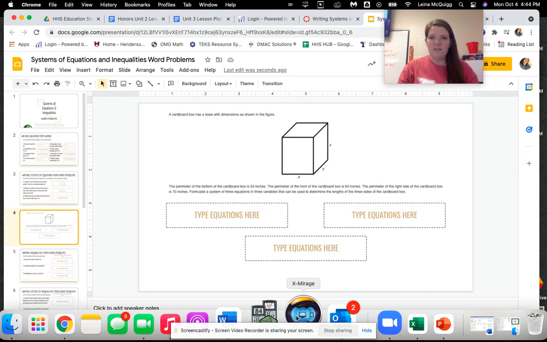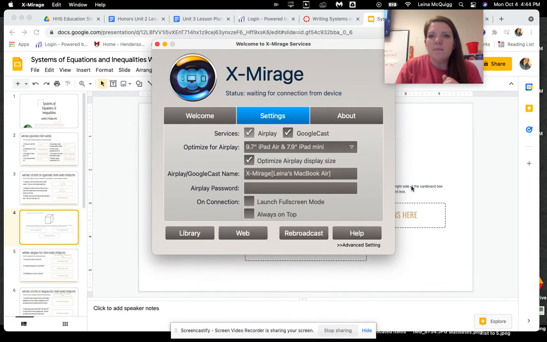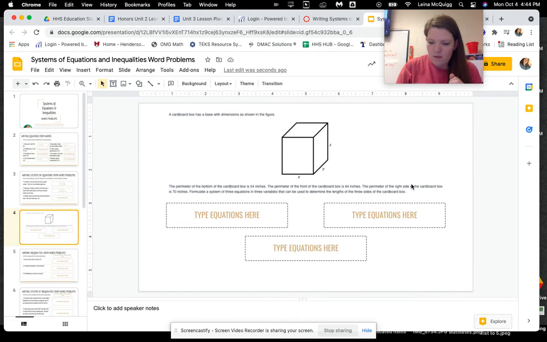Sorry. I think I want to write some notes here so you guys can see this a little bit better. The perimeter of the bottom of the cardboard box is 54 inches. The perimeter of the front of the cardboard box is 64 inches.